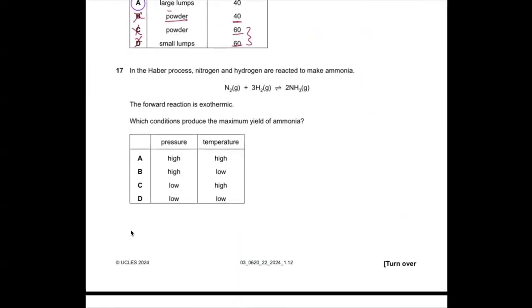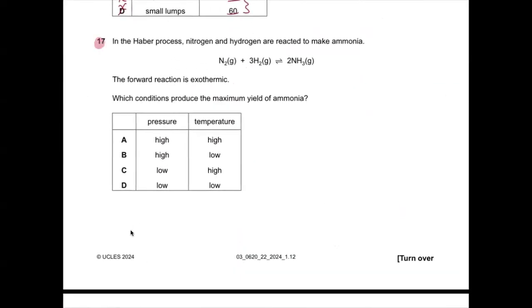Yes, sir. Now, MCQ number 17. In the Haber process, nitrogen and hydrogen are reacted to make ammonia. The forward reaction is exothermic. Which conditions produce the maximum yield of ammonia? Okay, so the forward reaction is exothermic, so it means the temperature would be low.